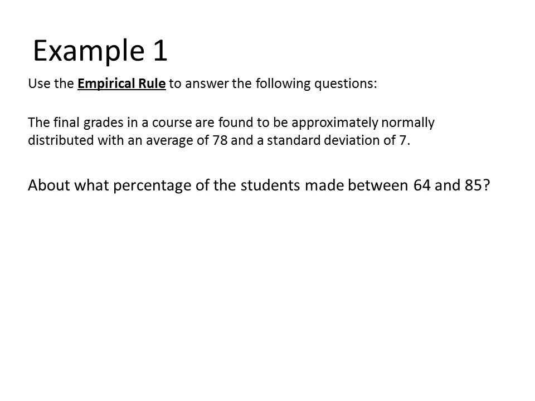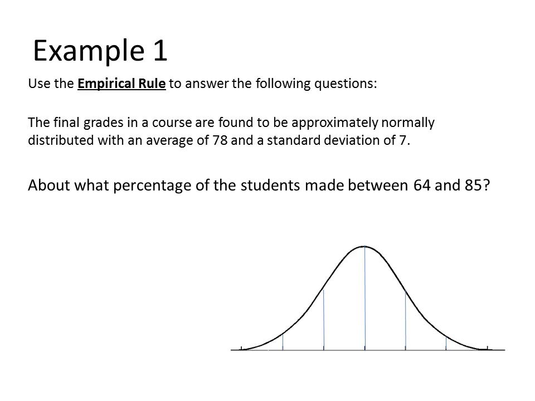Example 1. Here we want to use the empirical rule to answer the following questions. Suppose that final grades in a course are found to be approximately normally distributed with an average of 78 and a standard deviation of 7. The question we want to answer is about what percentage of students made between a 64 and an 85.